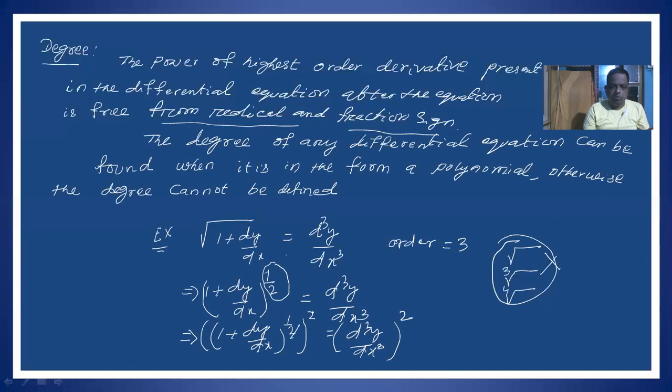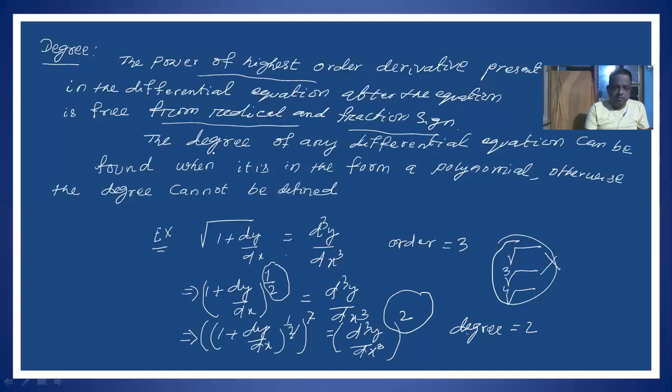So the two cancel. Here the power of the highest order derivative is 2, so the degree is 2. In this equation the order is 3 and the degree is 2.